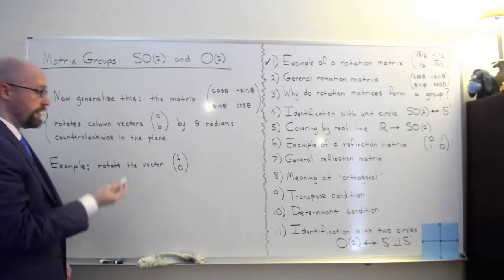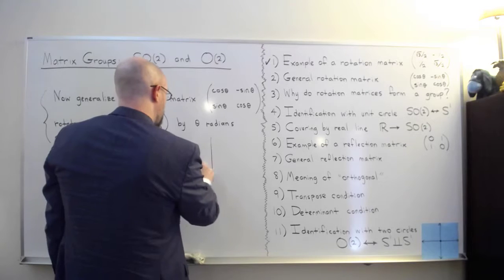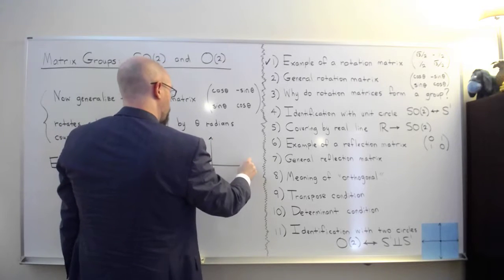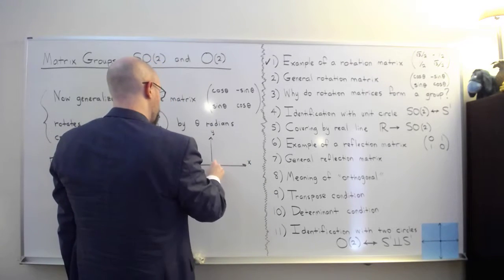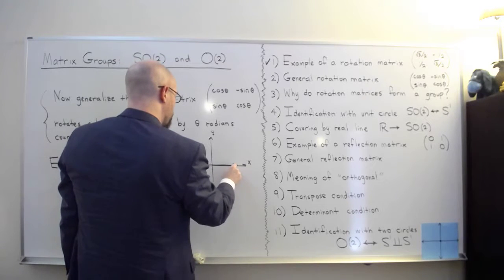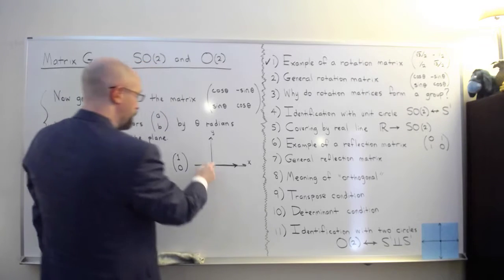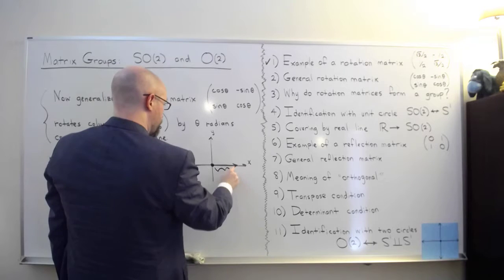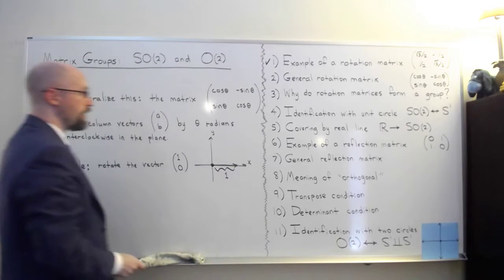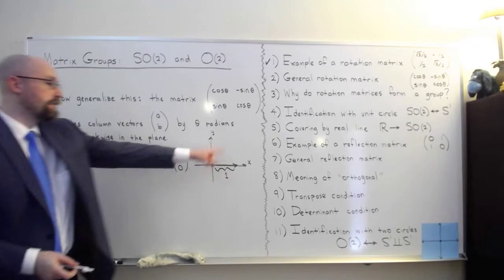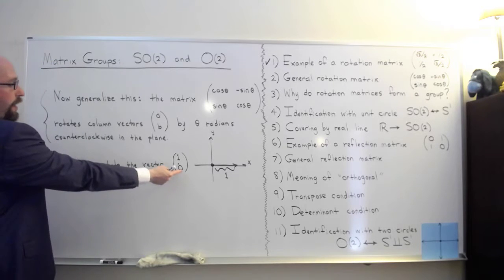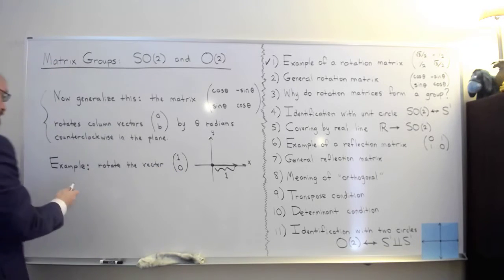If this is x, this is y. This is just the vector that starts at the origin and goes a distance of 1 in the x direction, and has no y component, because the y component is 0.